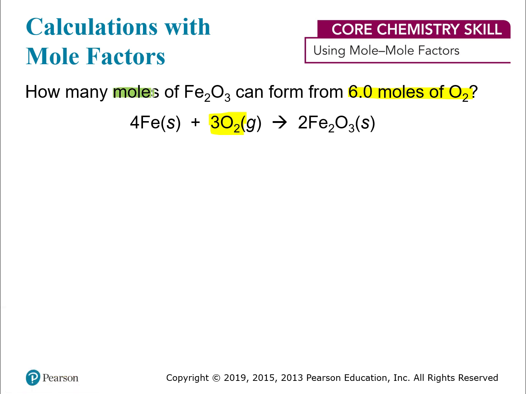What we're asked about is the moles of the iron oxide compound. To rephrase the question, I'm starting with 6 moles of oxygen. How many moles of iron 3 oxide are formed? So that's how I rewrite the question.